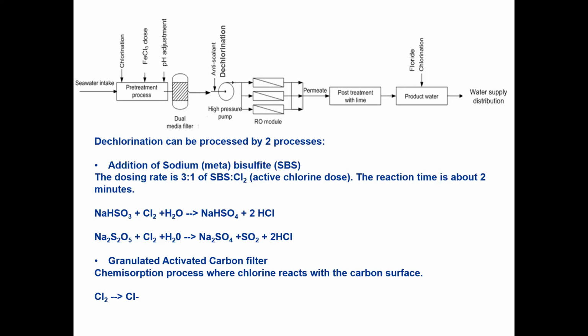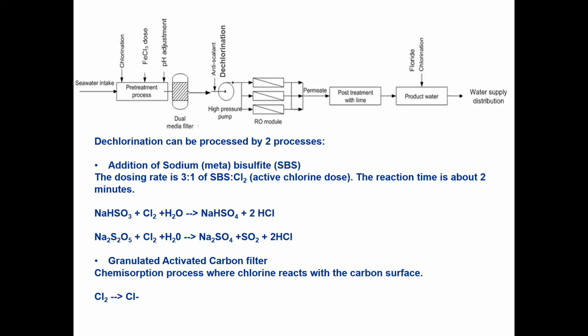We want to remove the chlorine using SBS, sodium metabisulfite. The sodium metabisulfite combines with the chlorine and produces sodium sulfate, and the chlorine oxidant is converted to HCl.